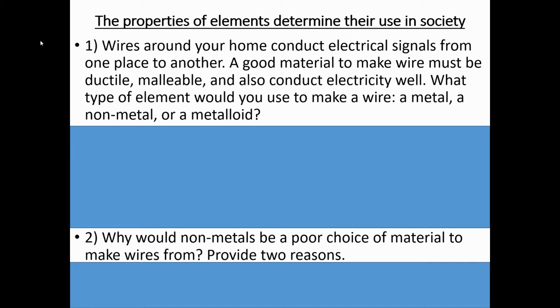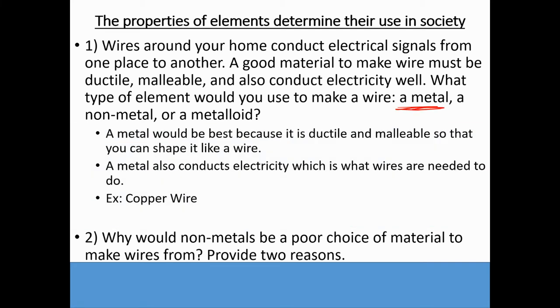So that being said, which class of element would you go pick from to make a wire? Metal, nonmetal, or metalloid? Hopefully you're going to decide that a metal would be the better option because metals are often good conductors of electricity, and they are also ductile and malleable, so you can actually stretch them into a wire without them breaking.